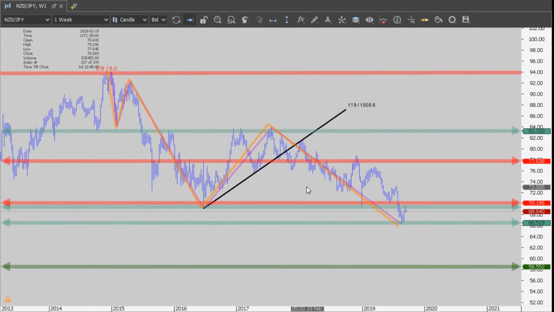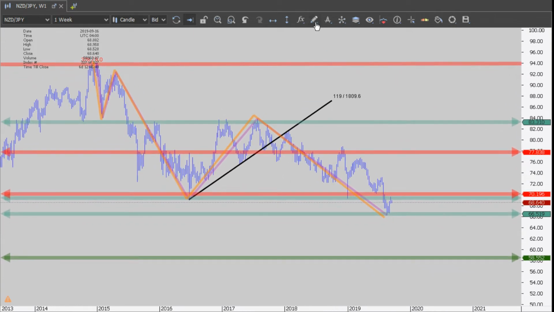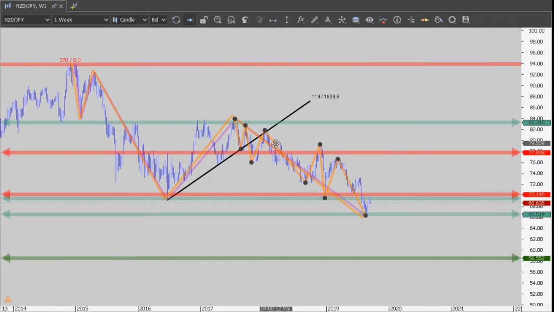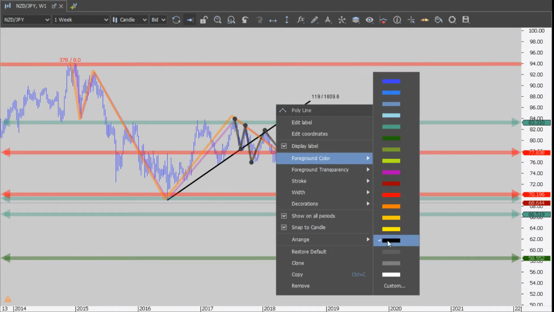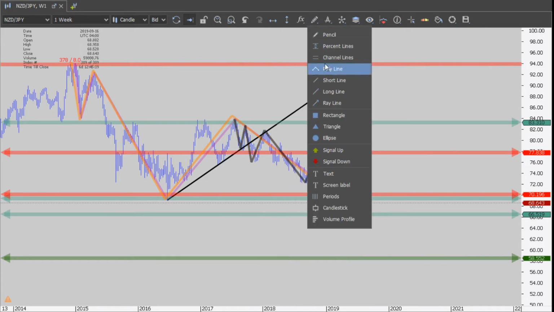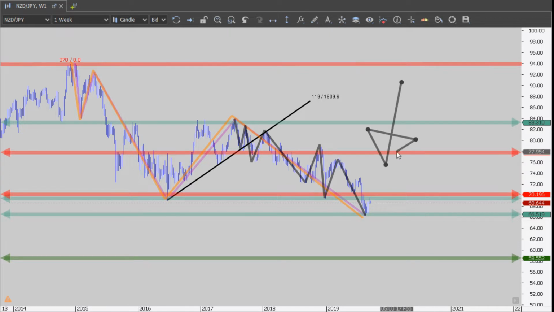Okay, now what about the short-term trend? Well, the short-term trend is extension, retracement, extension, retracement, extension, retracement, extension, retracement, extension. So from the monthly standpoint, technically speaking, and from the weekly standpoint, the better stop loss would be here.